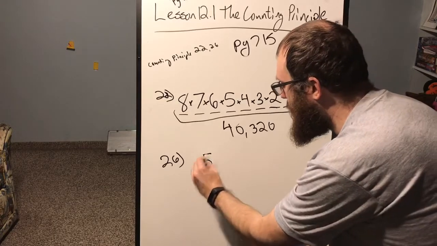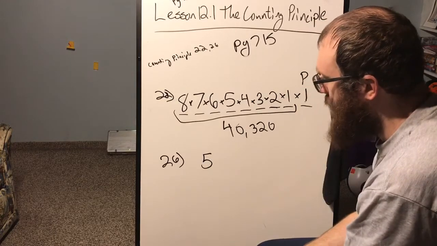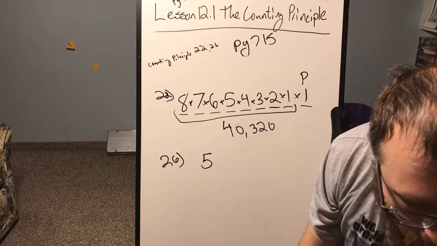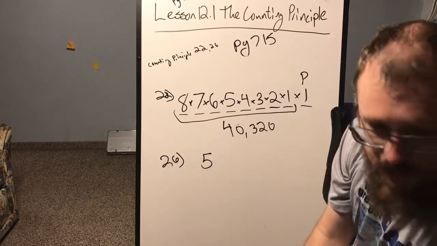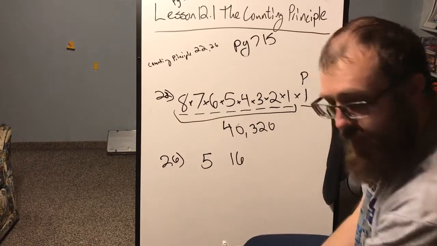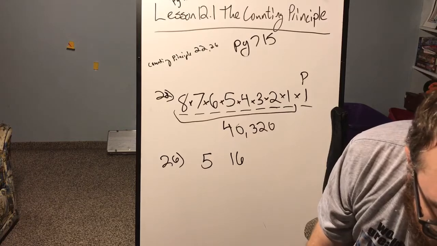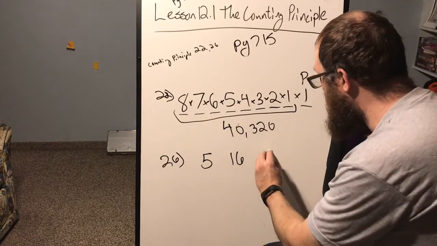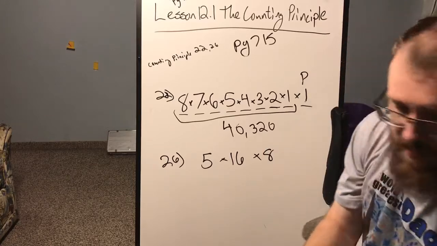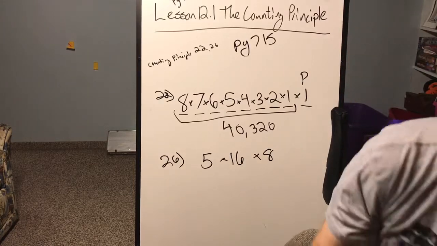So I have 5 different models of truck. I have 16 body colors, and I have 8 interior colors, or cab colors. So I have 5 times 16 times 8.